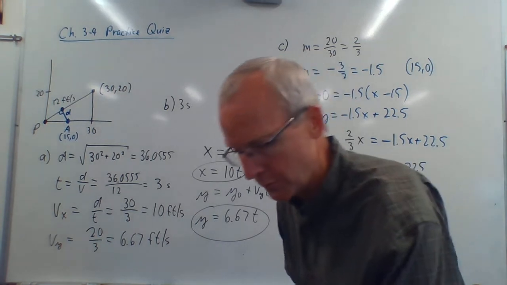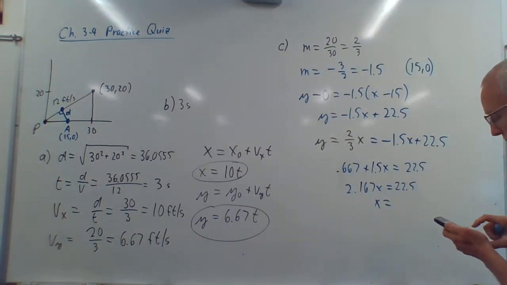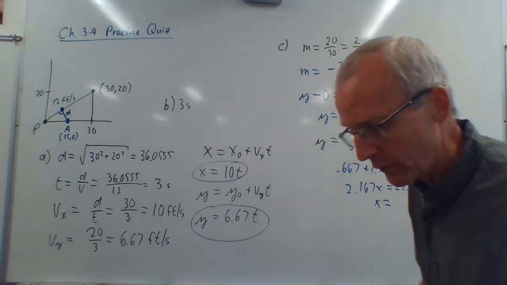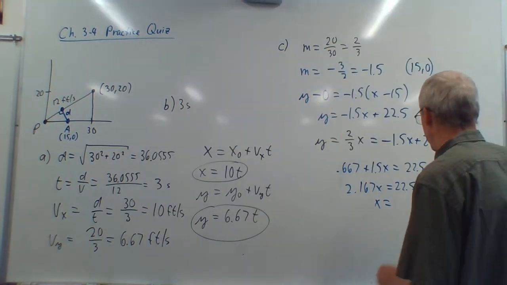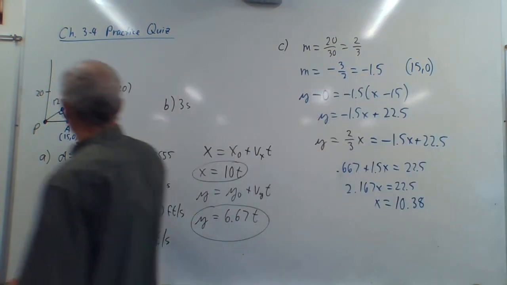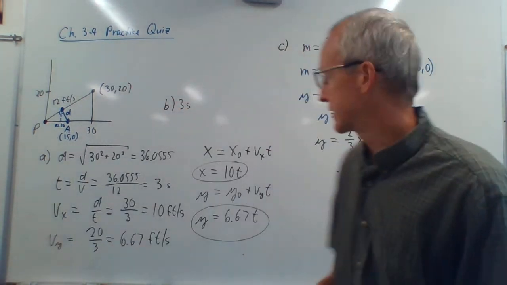x is equal to 10.383. Let's say 10.38. So the x value here is 10.38, which is probably about right, because it's about 15, looks right.